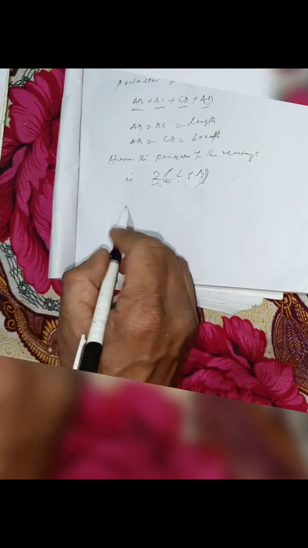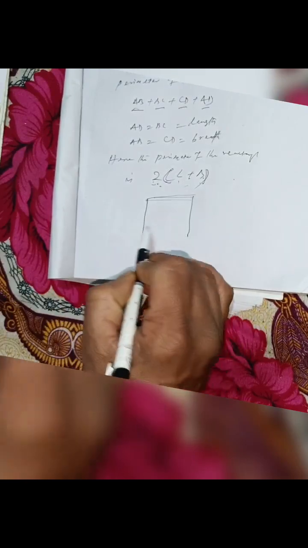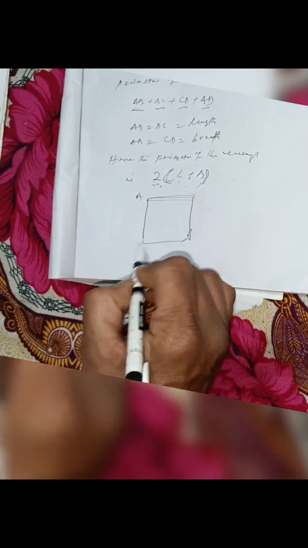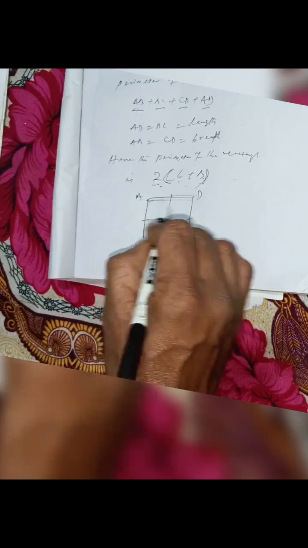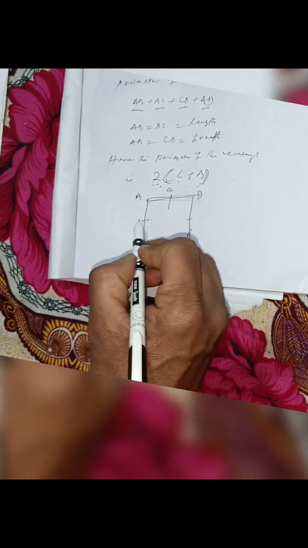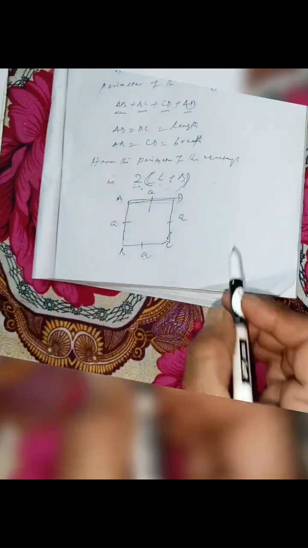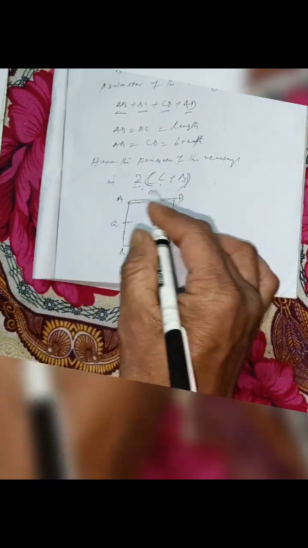In the case of a square, what is a square? A square is a quadrilateral which has all sides the same. So ABCD is a square whose sides are equal. Let's say the side is A, so every side is A. If we want to calculate its perimeter, we have to add the sides of the square.